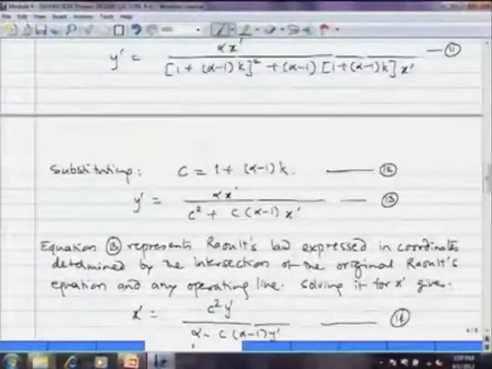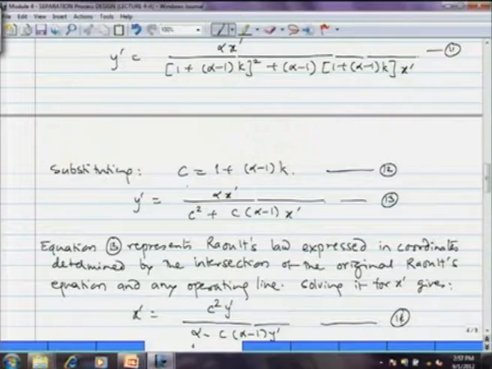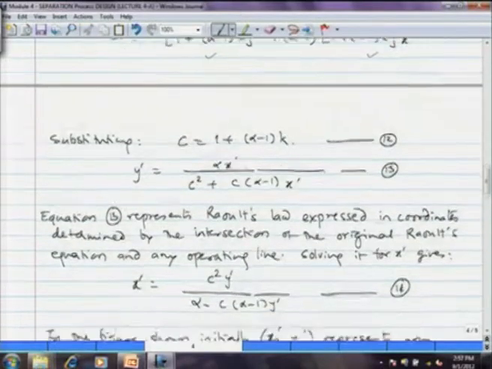We substitute a new variable c for 1 plus alpha minus 1 into k, which is appearing 2 times in the denominator, so that the expression becomes handy, easy to write, and then y dash is equal to alpha into x dash divided by c square plus c into alpha minus 1 into x dash. This is our equation 13.